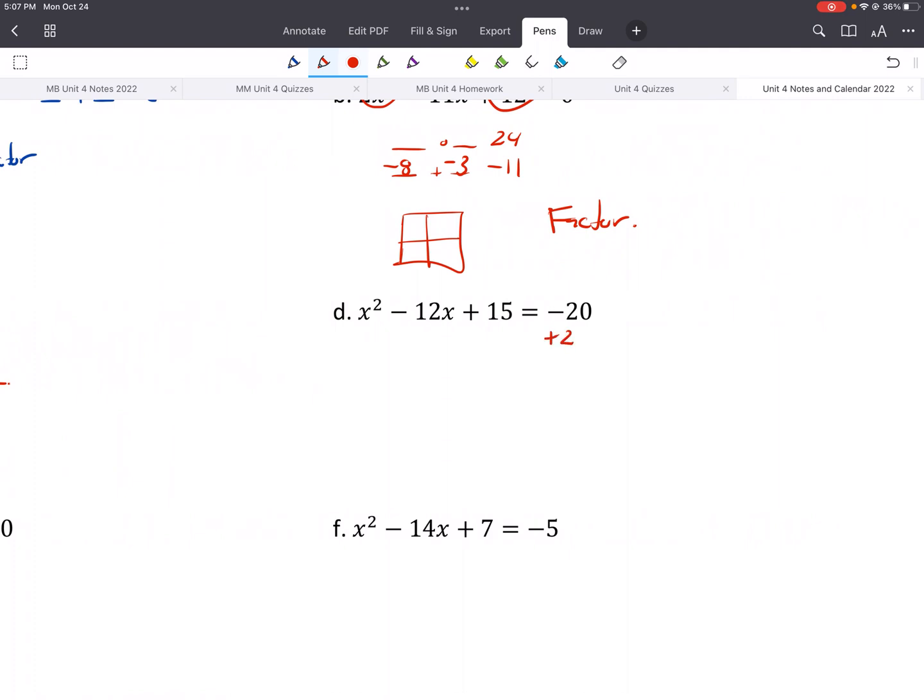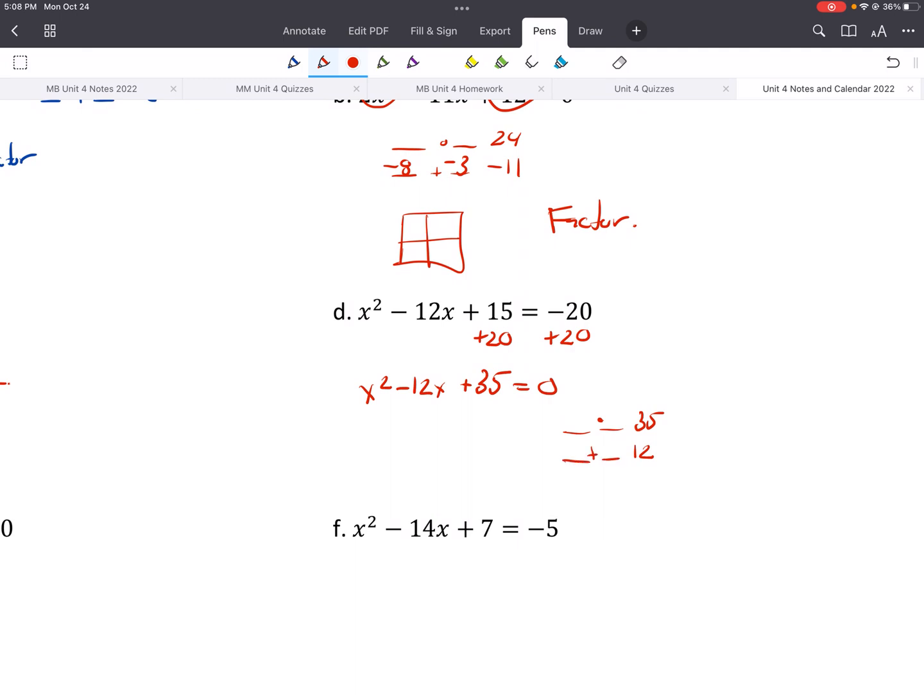first off, no matter what, we need to move that 20 over. So that would give us 35. And then we need to figure out what methods could we use. I know we could use square roots to solve, or sorry, I mean complete the square, which is probably what we're going to need to do. Can we find two things that multiply to 35 and add to 12?